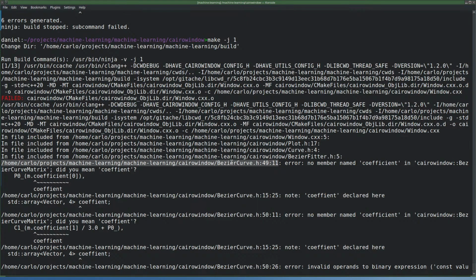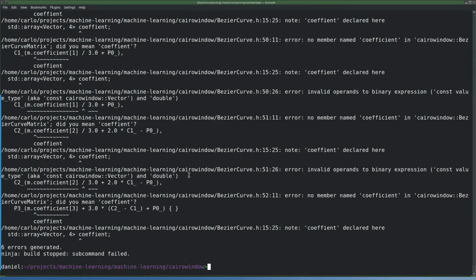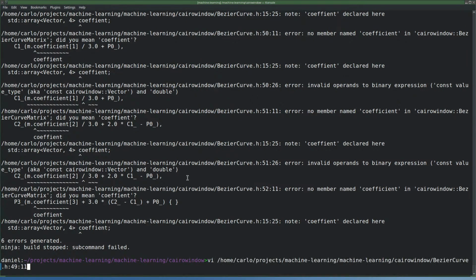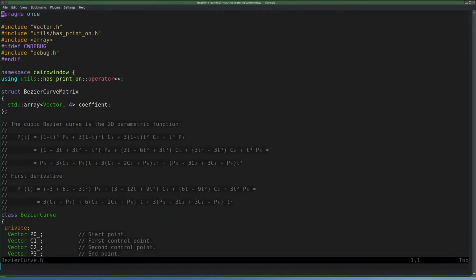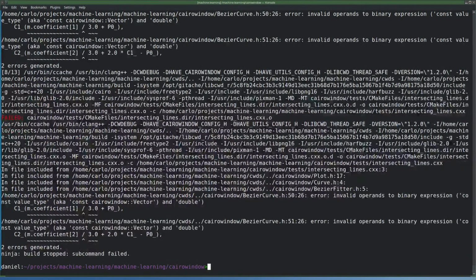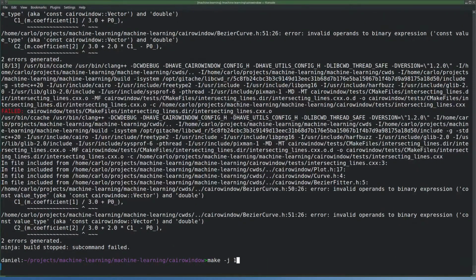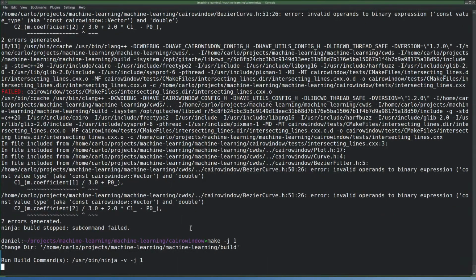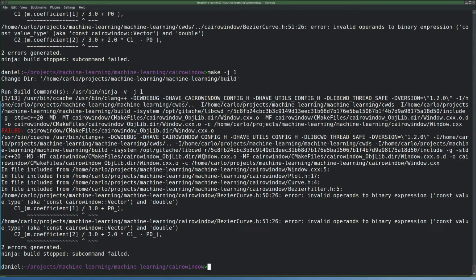Do you mean coefficient? Yeah, no, I didn't. This is just spelled wrong up there. Coefficient, right? And now finally we have errors just complaining about the division. Great.